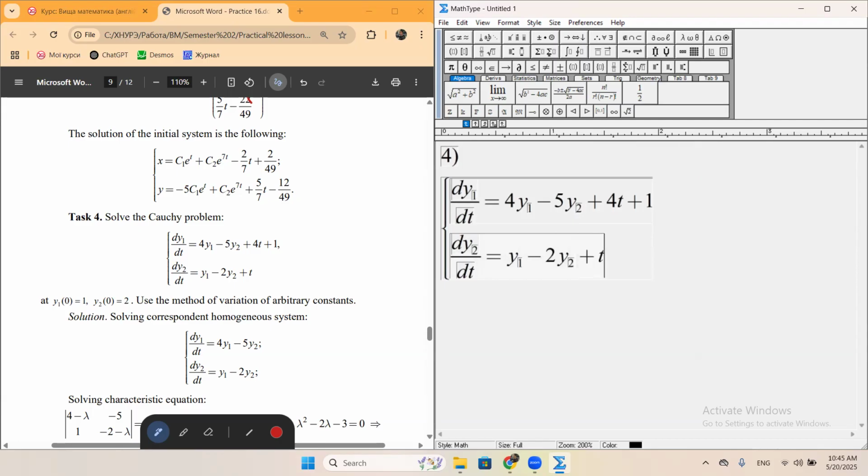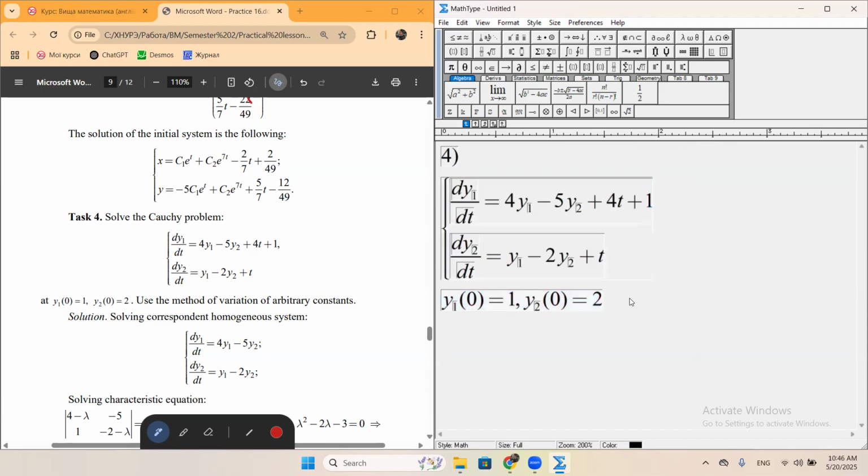And the initial conditions are the following: y1 at 0 equals 1 and y2 at 0 equals 2. So it is a second order system, and we have 2 initial conditions. So we have everything to solve the system.